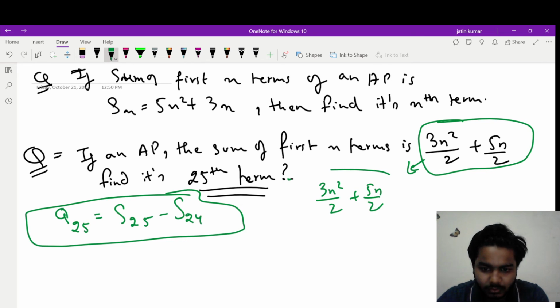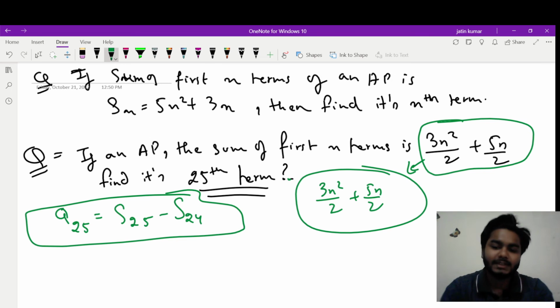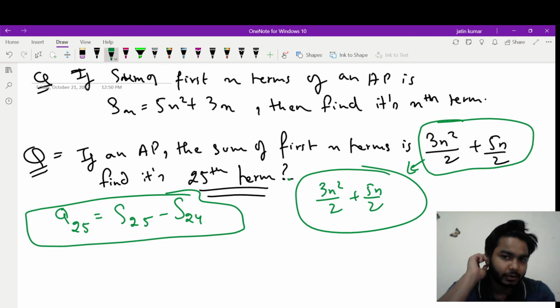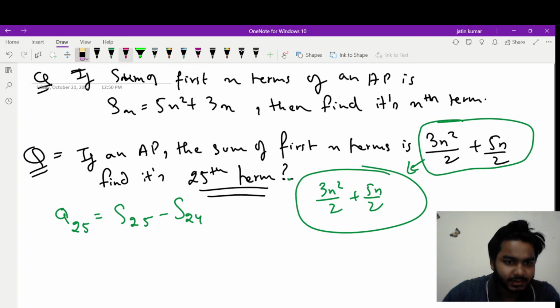The question says that this is the formula I am providing to you, so put the values into it and find the answer accordingly. In case the question provides the formula for the sum, then you don't need to apply the bigger formula. Now in this question we are given the sum, so let's put the value of n as 25.